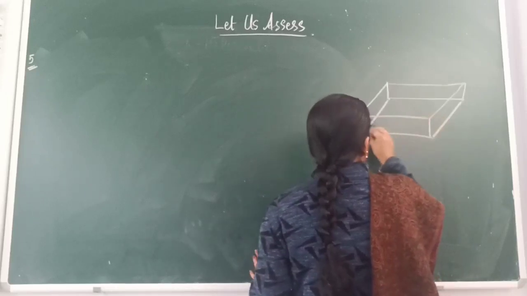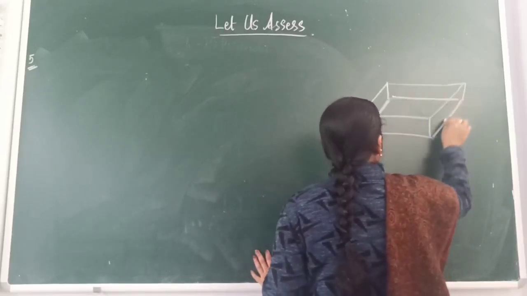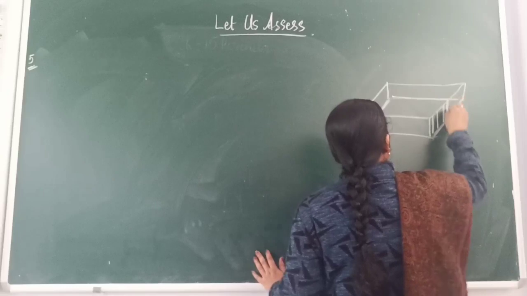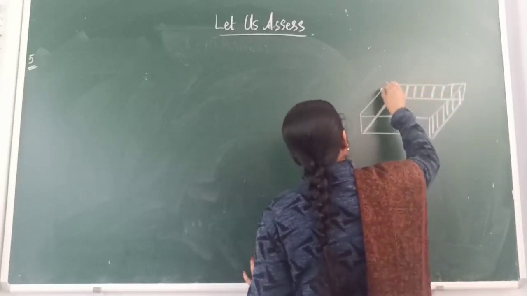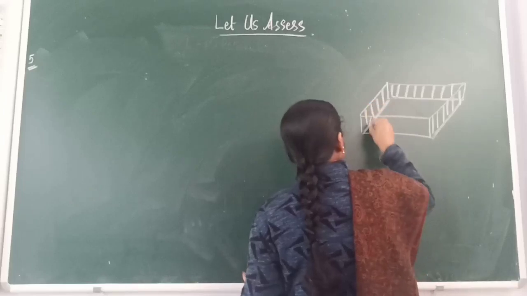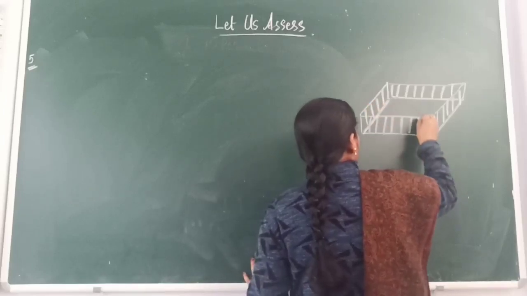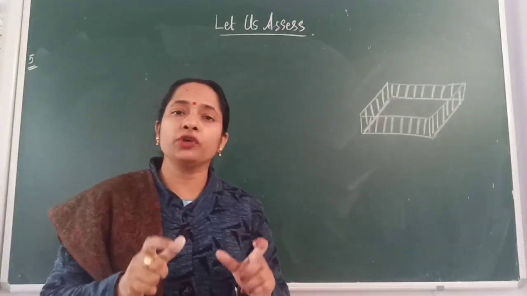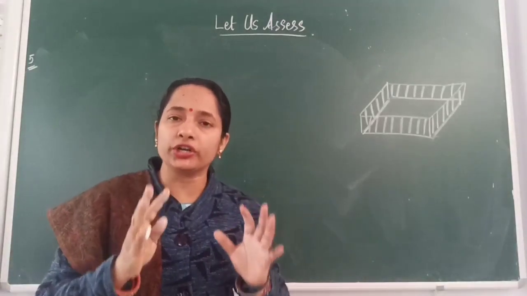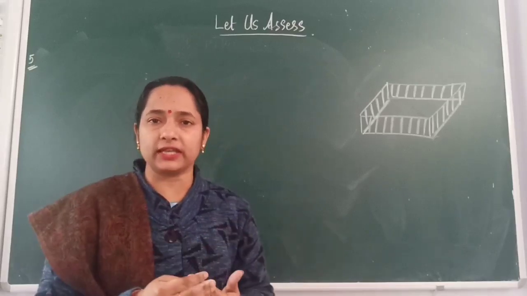Suppose this is a rectangular field and this is the fencing which we are going to make around this rectangular field. Okay, so along which part of a rectangle or a field we used to make the fencing?